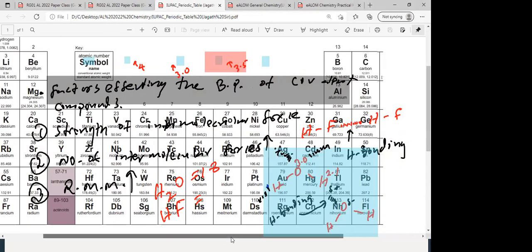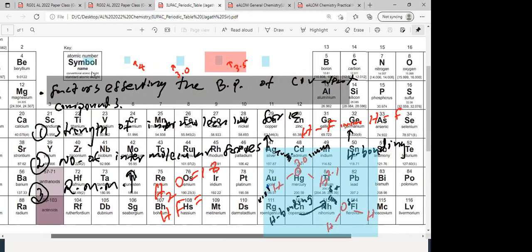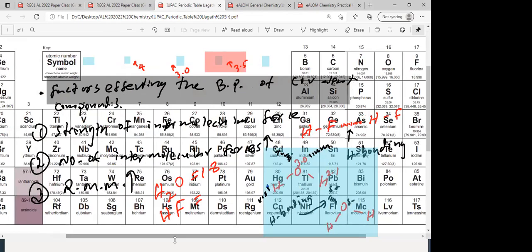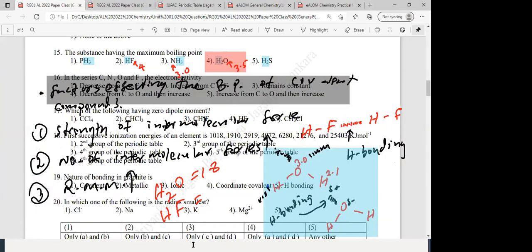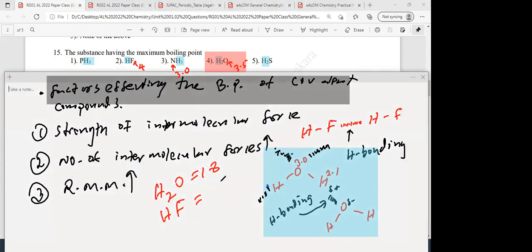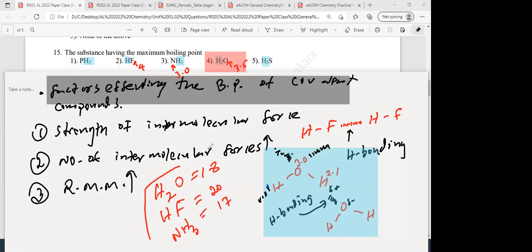So fluorine 19, 19 plus 1, 20. So HF is 20. Then ammonia is 17. Almost not a big difference in total RMM.